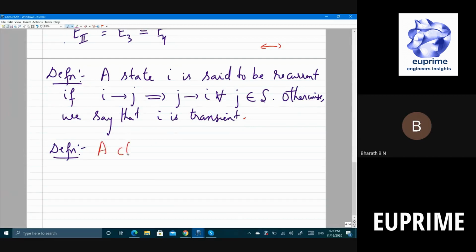A class C is a subset of S. S is the set of all states. In fact, class C is a non-empty subset. If you want to be very precise, you cannot take an empty subset.